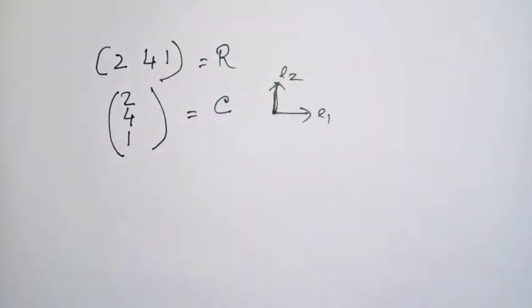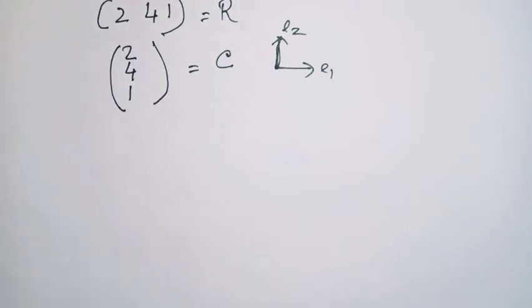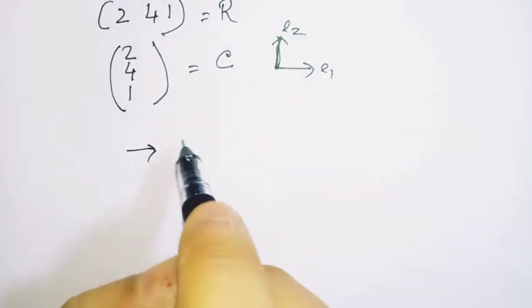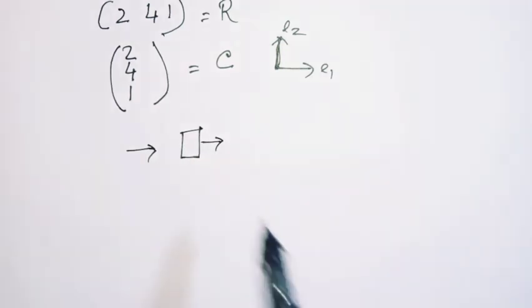So what we can say is that row vectors are functions on column vectors. You can see on your screen, I have mentioned it: row vectors are functions on column vectors. What I mean is that there is a function which takes an input and gives an output.